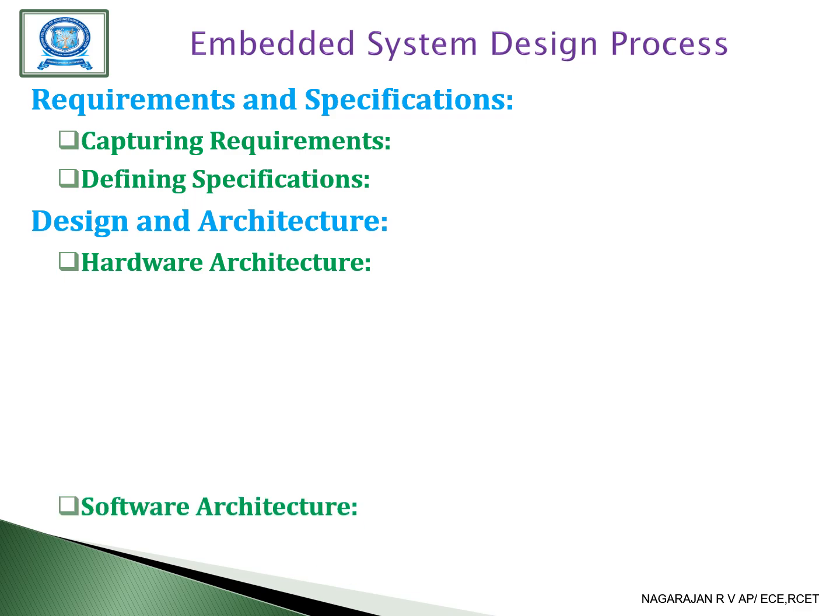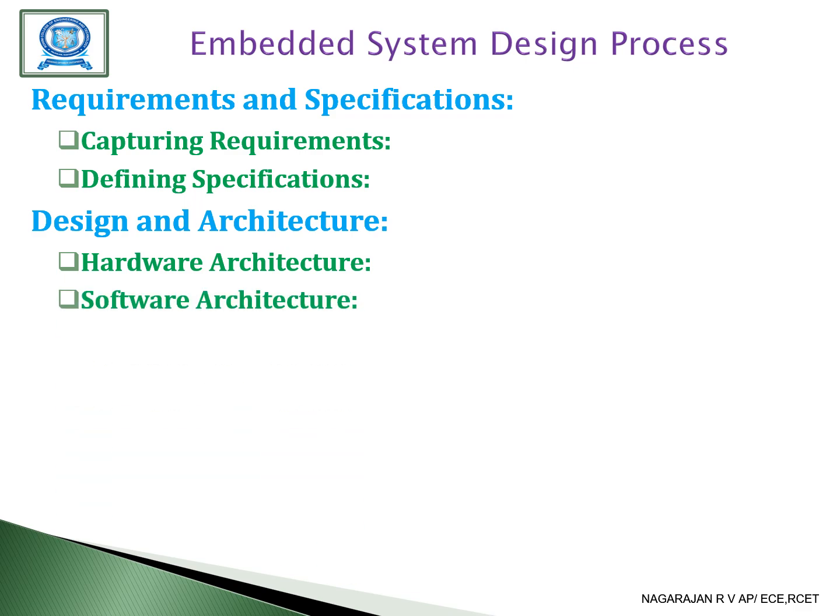And the next one is software architecture. Software architecture involves designing the software components including the operating system, device drivers, middleware and application software. The architecture must ensure modularity, scalability and maintainability with careful consideration of real-time constraints.